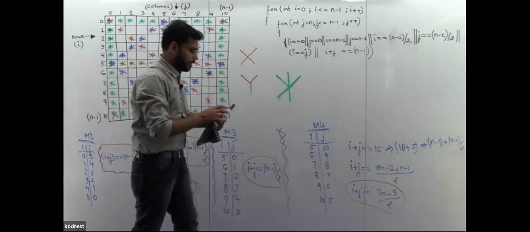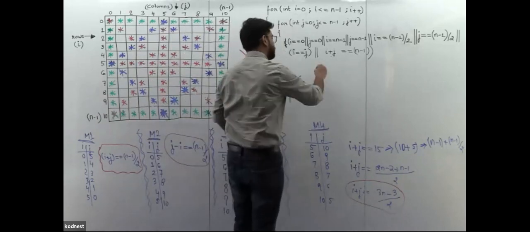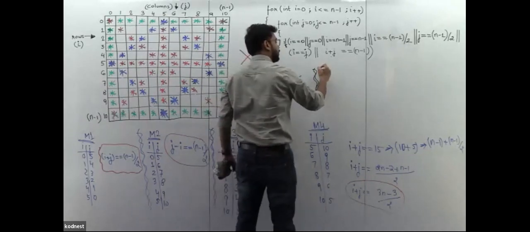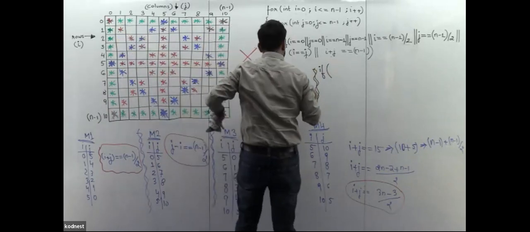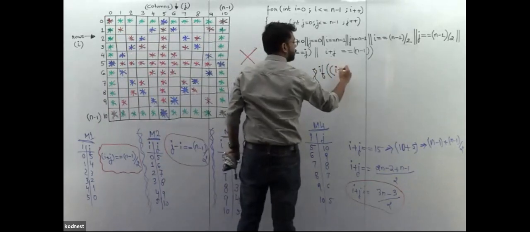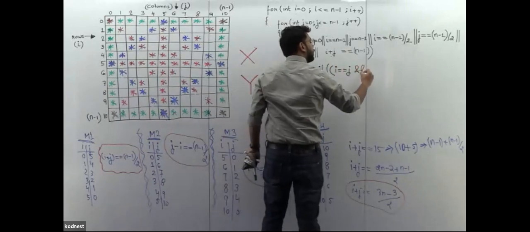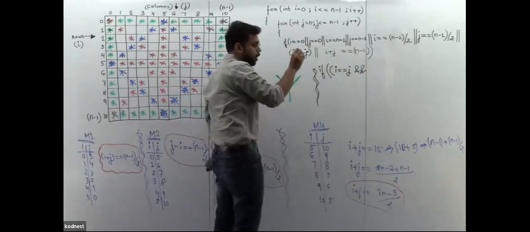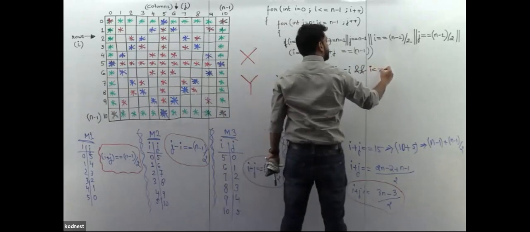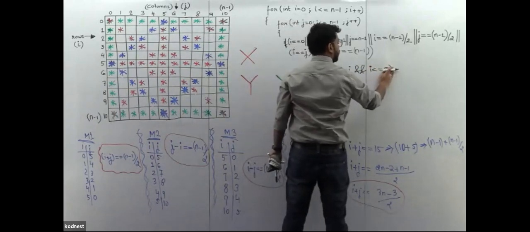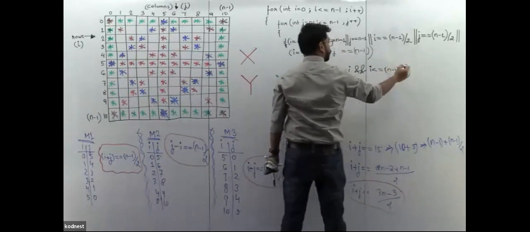So how I will be telling for this particular thing, I will tell like this. If in case, what is the condition for this diagonal? The condition happens to be i equals j. But with this I am having one more condition. So I am using here and. I will tell i less than or equal to 5. Or here I will tell i is less than or equal to (n minus 1) divided by 2.